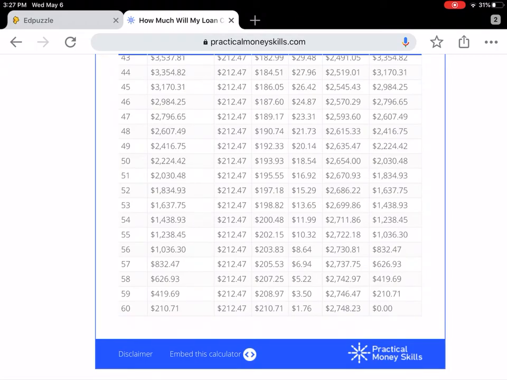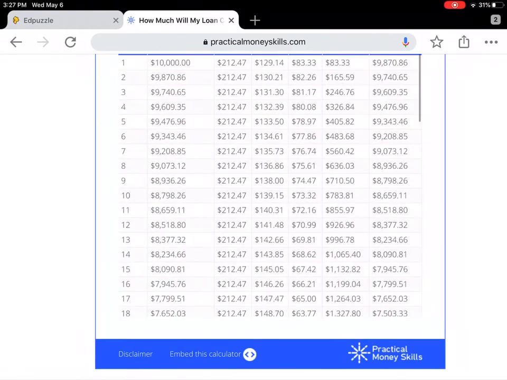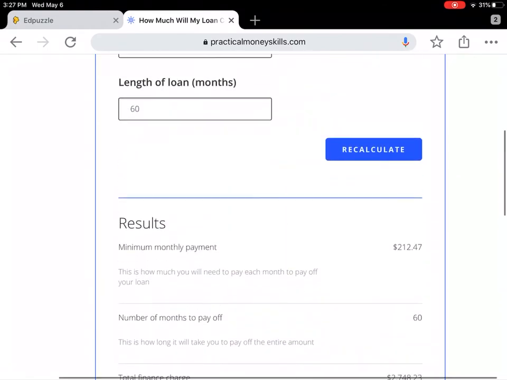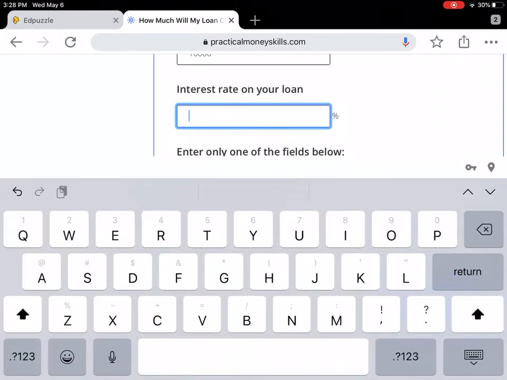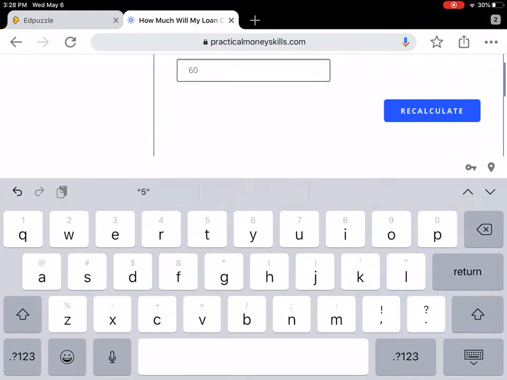And that's part of the reason why it's so important to have good credit, to have a good payment plan in place so that you can get the lowest loan rate possible. If we cut this number from 10% to 5%, let's see what happens.